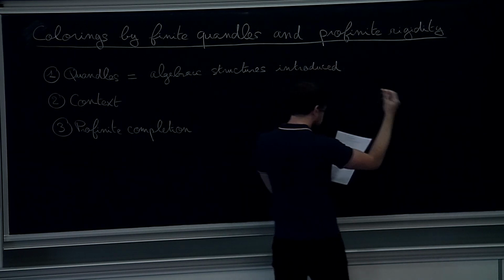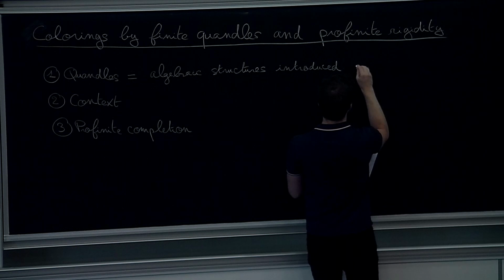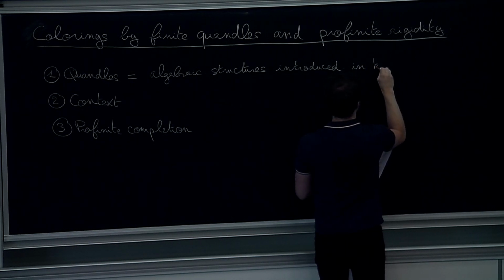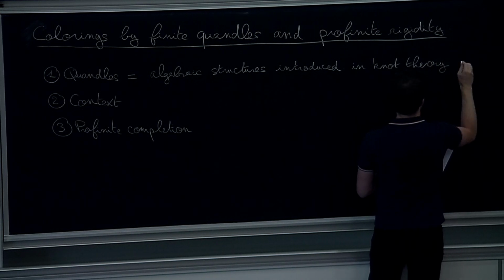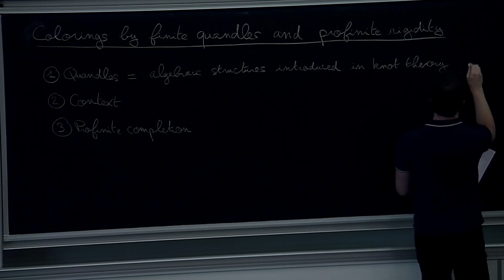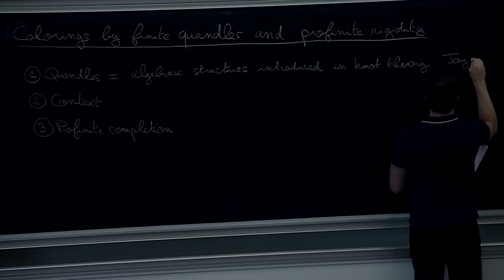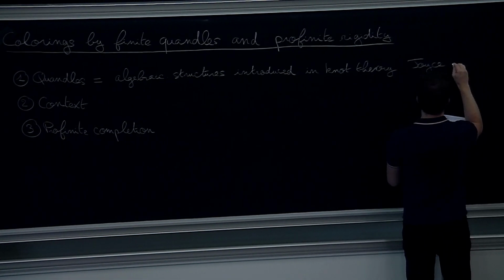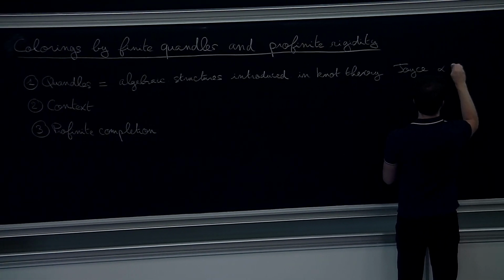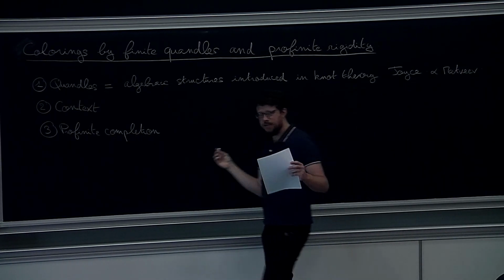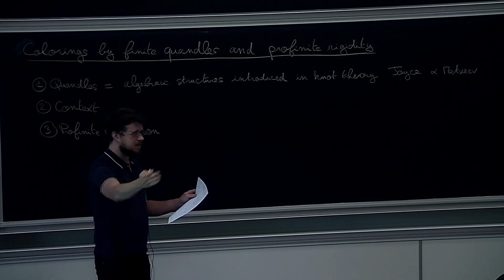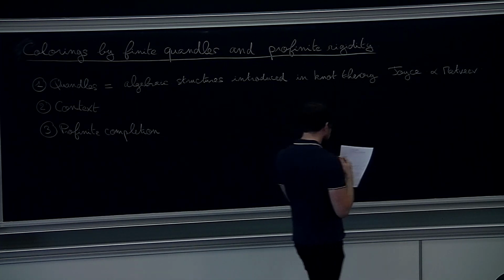They had appeared before, but independently by two mathematicians, Joyce and Matveev, very independently because they were on both sides of the Iron Curtain.